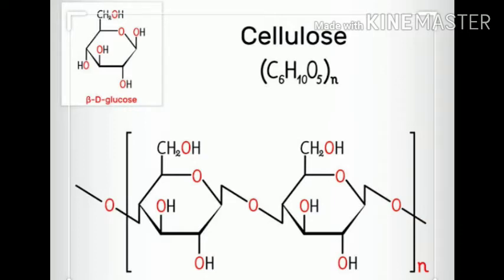Now think: whenever billions of C6H12O6 molecules are joined together, they will make a polymer, obviously, right? All those packed up forms of C6H12O6 or glucose are collectively known as cellulose. Got it?